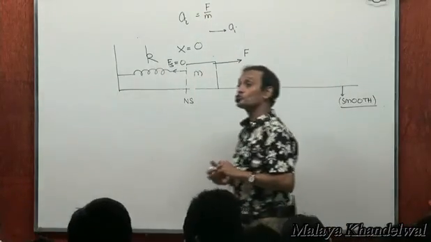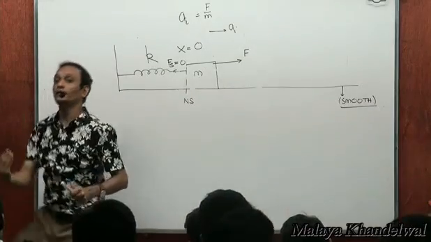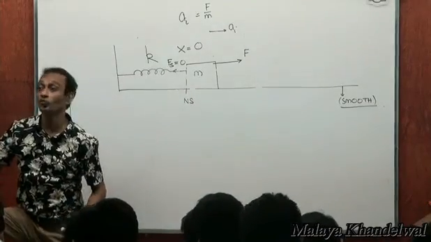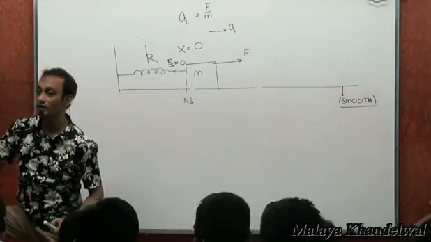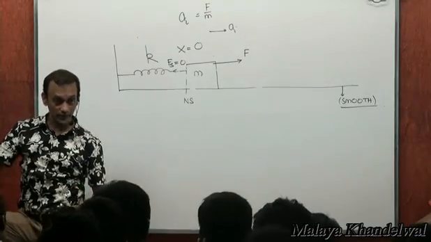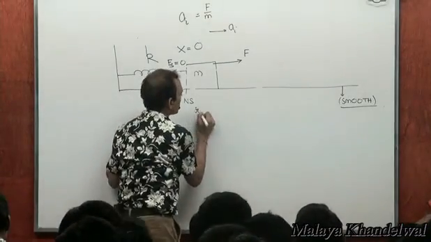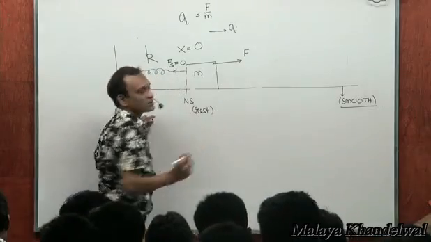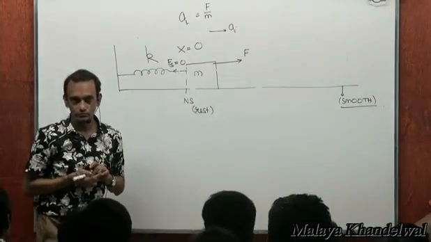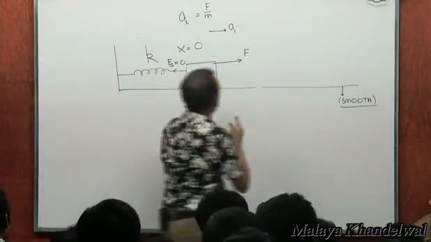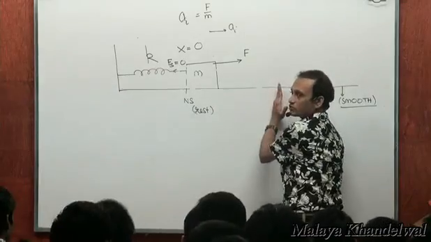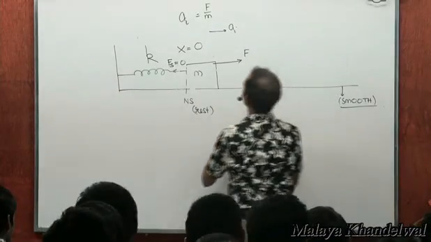The mass is solely under the influence of the force F horizontally at the initial instant. And I'm assuming also that the mass starts from rest. Now, this moves to the right.